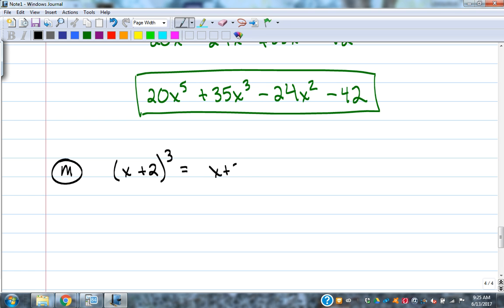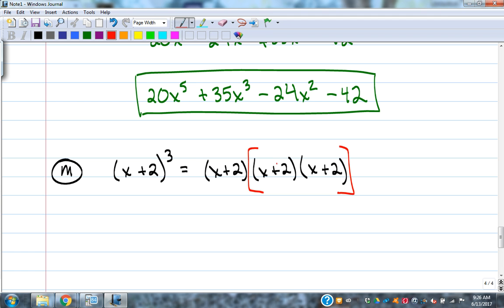So that's x plus 2 times x plus 2 times x plus 2. All of that is multiplication, and remember, multiplication is commutative, meaning you can do it in any order you want and it still works the same. So I'm going to do these two in the bracket there first and get that answer.